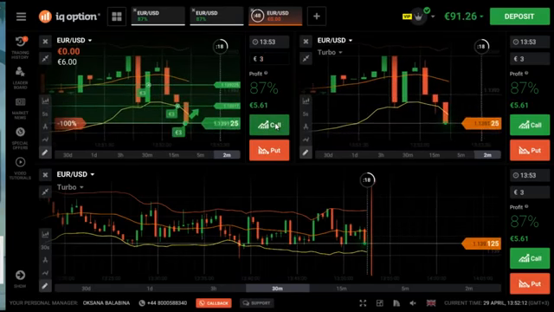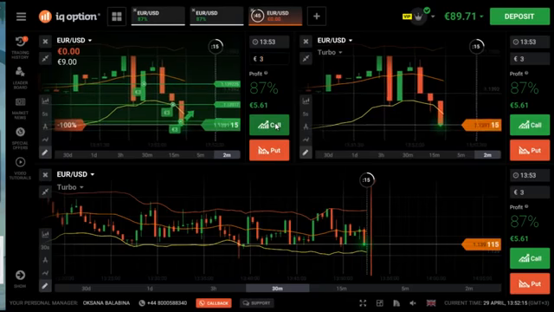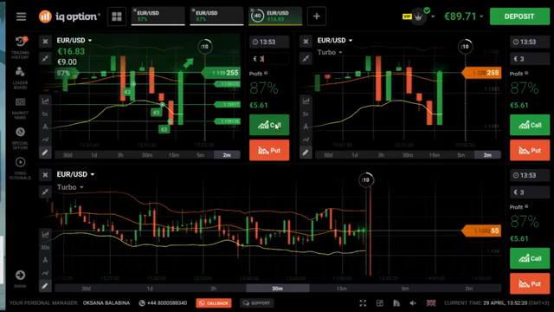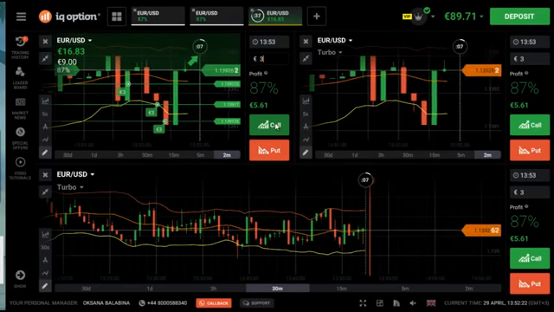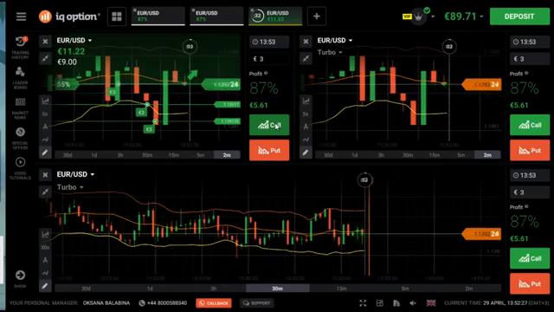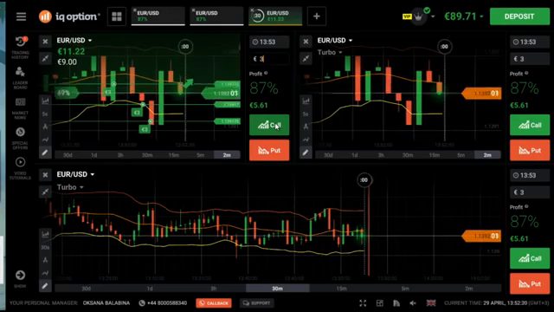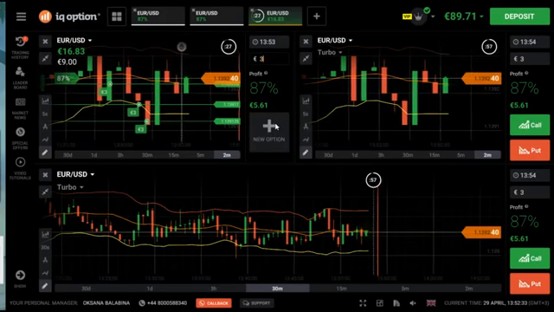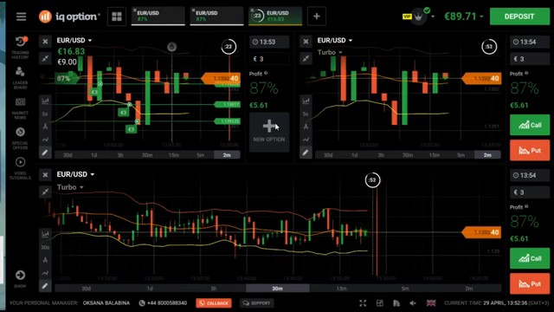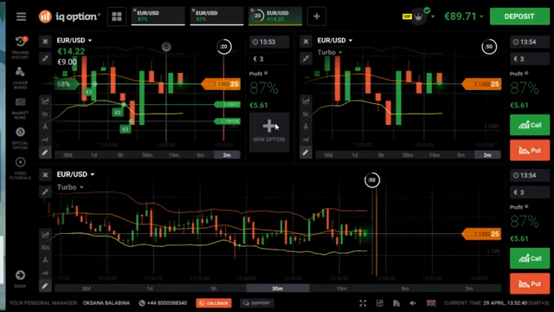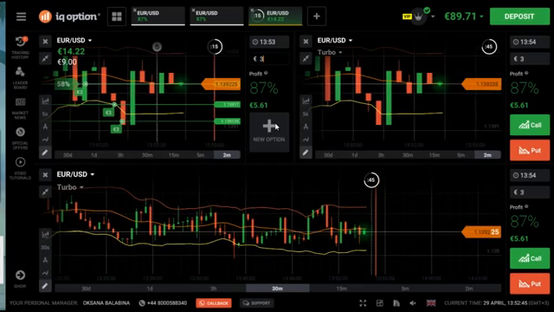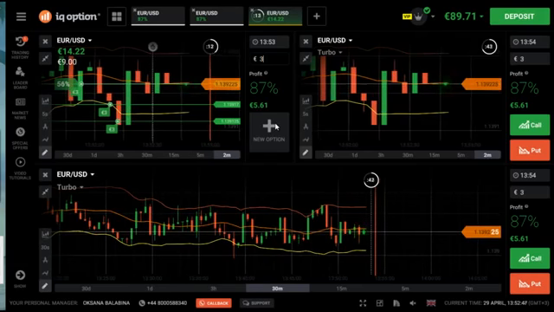Now it's going downwards, so probably I may lose this, but you will see. But I have a secondary window as a backup in case the primary window doesn't work this time. But it seems to be working. I can win all these 3 positions, but at least I'm gonna win 2 positions, so I won't lose this one.